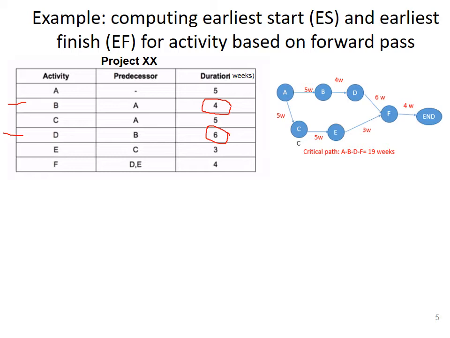So this is the activity on node diagram based on the previous slide that we have learned. Okay, untuk compute earliest start time and earliest finish time, we have to understand this table. We have a column for activity and then duration, earliest start time di mana kita akan masukkan nilai earliest start time, and EF, earliest finish time.